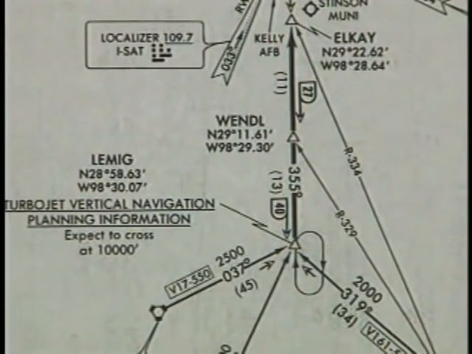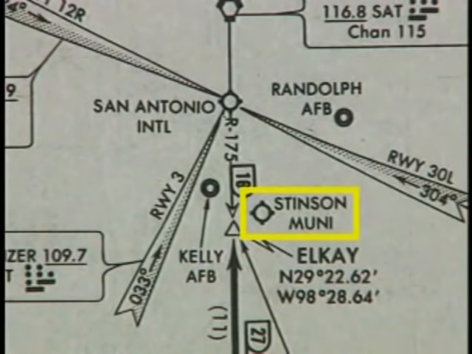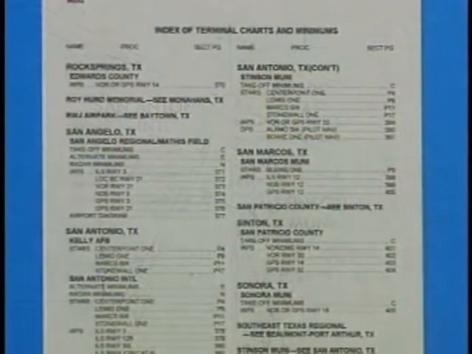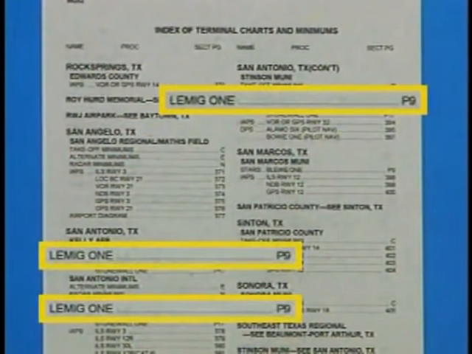You will also notice that the STAR is named for the fix at which the arrival route begins. In addition to San Antonio International Airport, the LEMIG 1 arrival also serves Stinson Municipal Airport, Kelly Air Force Base, and Randolph Air Force Base. You will find this STAR listed under each of these airports in the index.